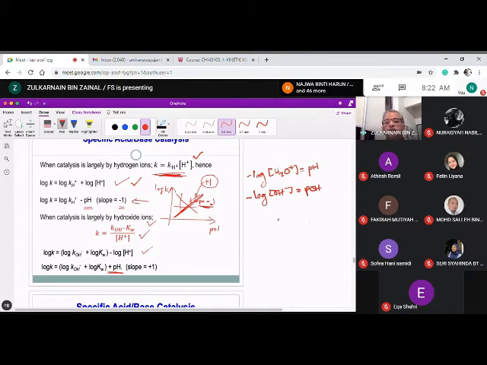We only use pH, because we know pH plus pOH is pKW. So if we want to show the acid level, it is of course pKW minus pOH.